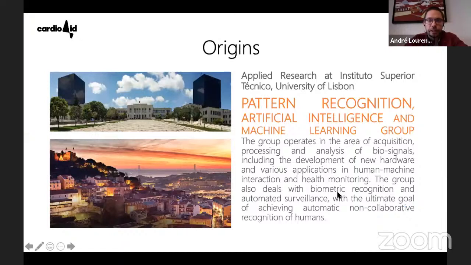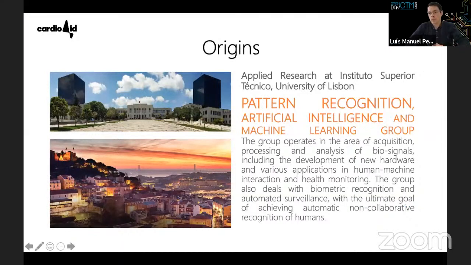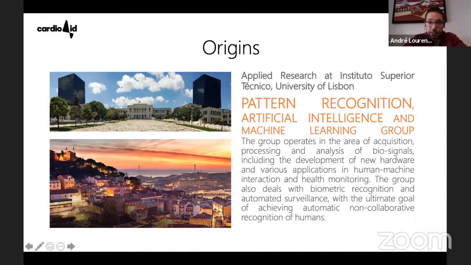And so this all began several years ago when I was doing the PhD at Técnico, where I was studying pattern recognition, machine learning, in particular devoted to biological signals and to physiological signals, and its application in the field of biometrics.